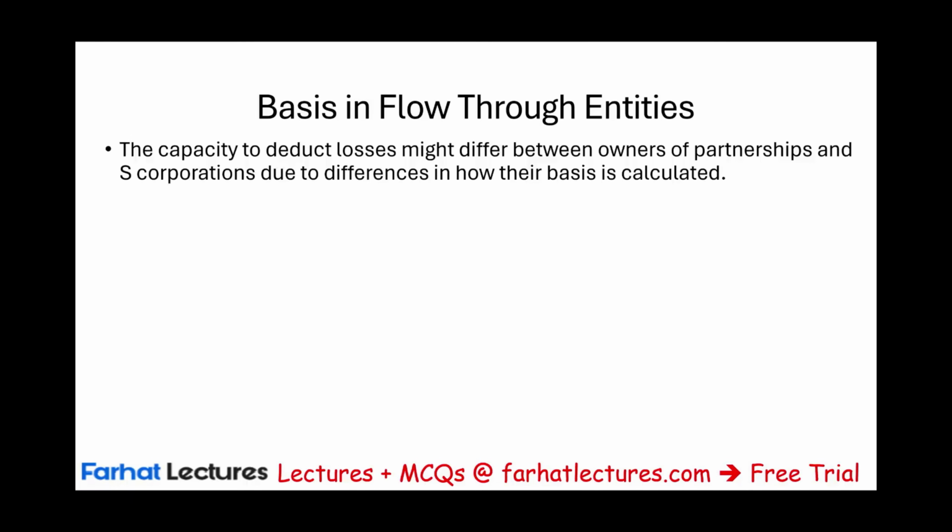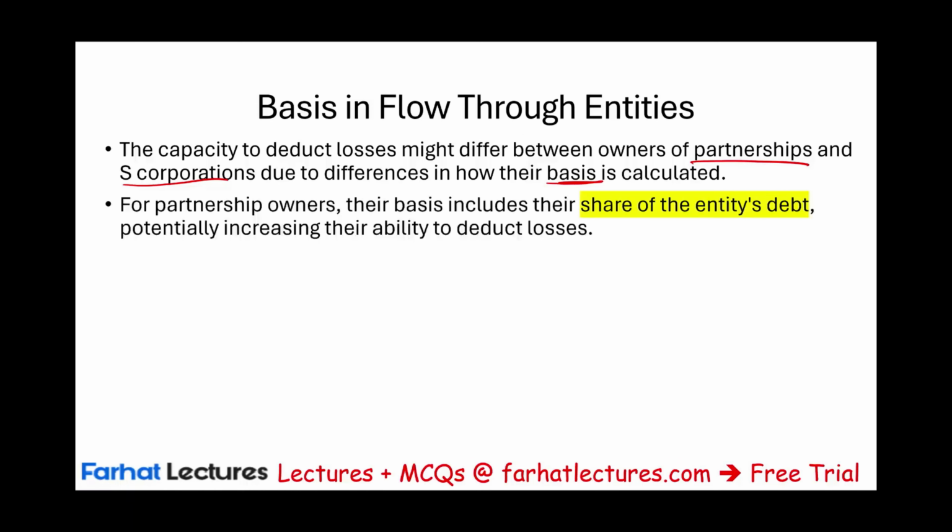The capacity to deduct might differ between owners of a partnership and an S corporation because of how the bases are computed. Remember, one of the hurdles is basis. For example, in a partnership, the basis includes the share of the entity's debt. In other words, when we have more debt, the tax basis increases. If the tax basis increases, this gives us more capacity to deduct losses.